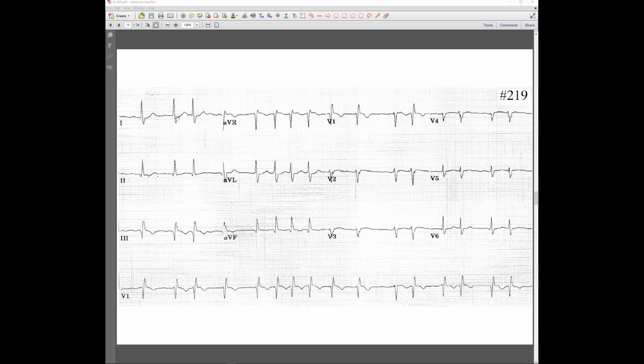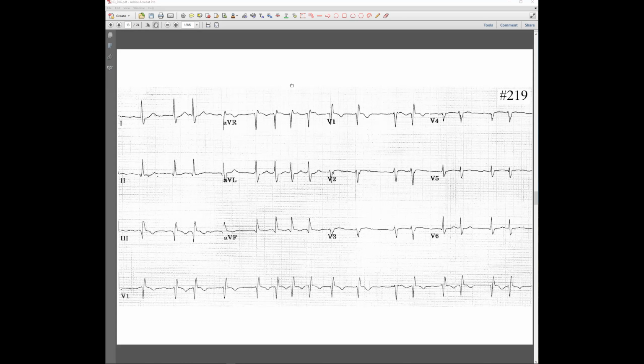No. There is no P wave, so arrhythmia, no P wave. Is it atrial fibrillation? Don't ask, say it loudly. Atrial fibrillation? Yeah, that's it, immediately.